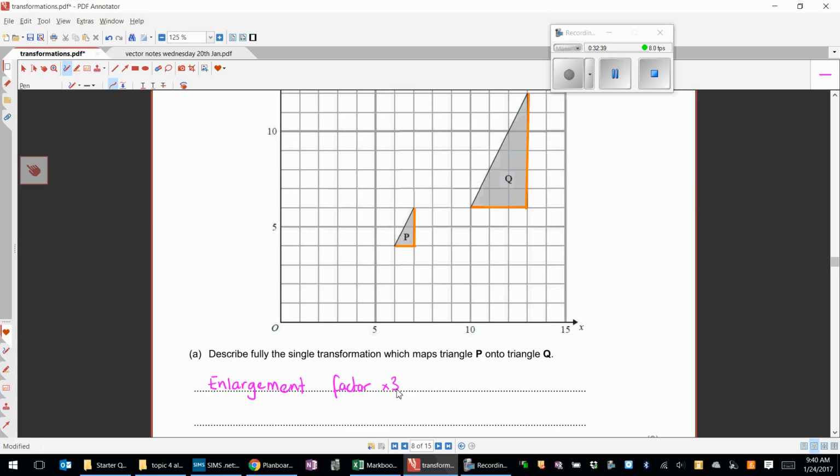It's fine. And now we need to find the centre. Where does it happen from? And there's a nice, easy way to do this if you've got your ruler. So what you do is this. You take your ruler, you match up the points.